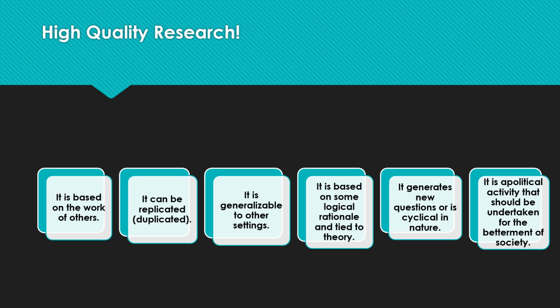It is generalizable to other settings. It is based on some logical rationale and tied to theory, so we have to have some fundamental theory behind our research. It generates new questions or is cyclical in nature, and it is also a political activity that should be undertaken for the betterment of society. So these are the characteristics of high quality research.